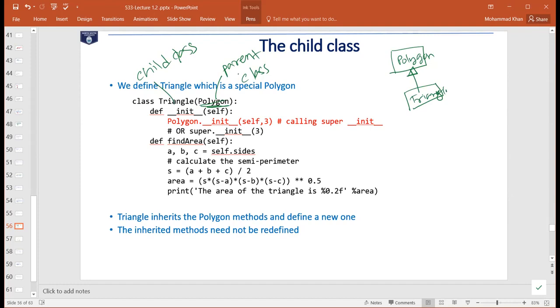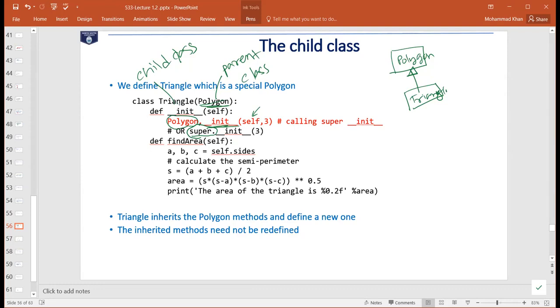Now to call the init method or any other method of the parent class, we can write the name of the parent class, dot, and then the method that we are calling from the subclass or the child class. This is one way, but if we do that, then we also need to pass the self pointer. Another way is to call super dot. If we call super dot, then we do not need to pass the self pointer. We can just provide the argument list. So that's how we declare that this is a child class.